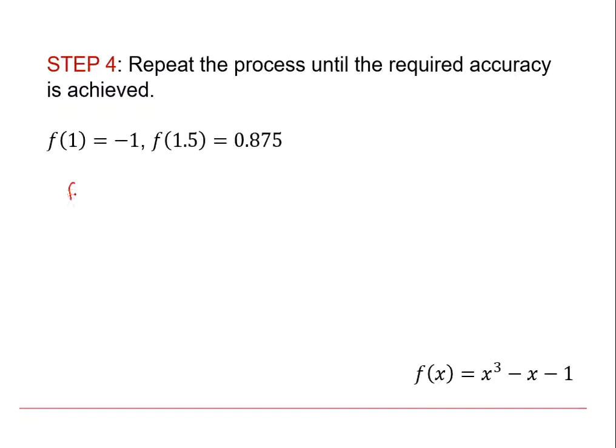So we take the midpoint between 1 and 1.5. So f of 1.25 turns out to be minus 0.29688. So now we've got an improved negative value. So whereas previously at x equals 1 we were a distance 1 from the x-axis we're now a distance of only 0.29688.